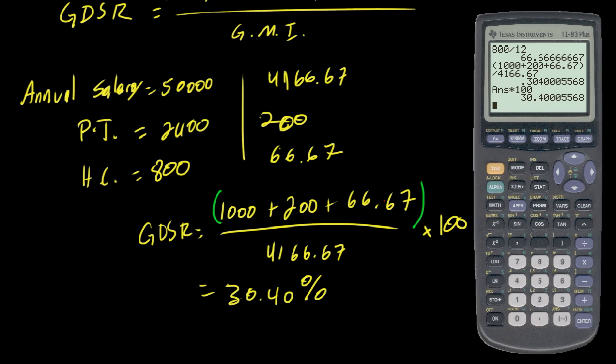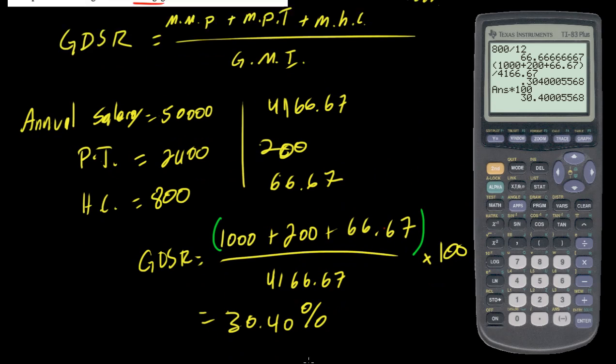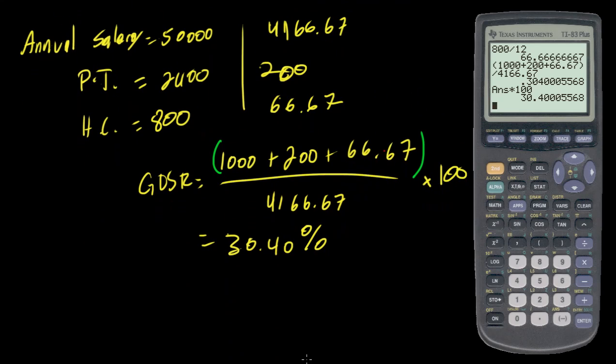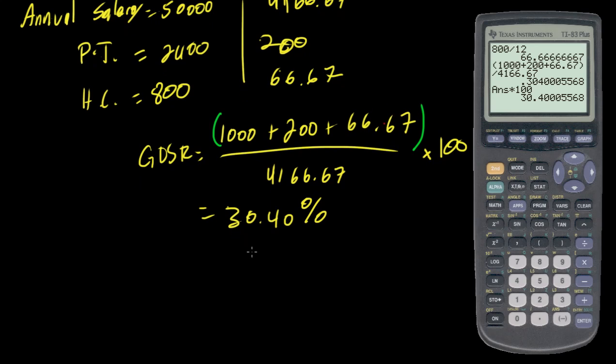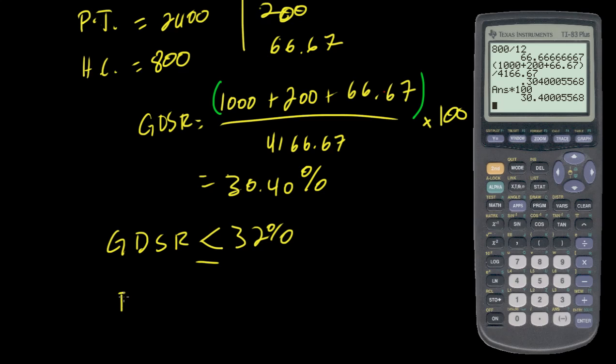So now you have to say, all right, is the bank going to give her a mortgage? Well, she's under 32%. The way that this goes is if your GDSR is below 32%, or at 32%, the bank's going to give you the mortgage. The bank will approve, or will at least clear you so that you could get it.